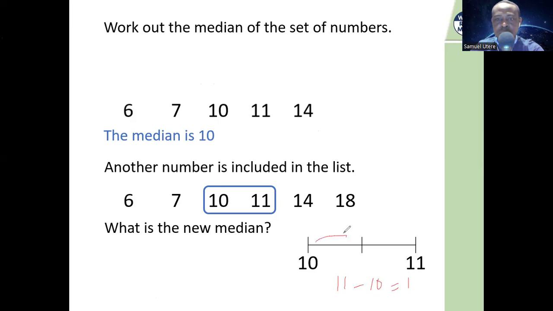We have two intervals. So to find out what each interval is actually worth, we will do 1 divided by 2, which is 0.5. Now it means 10 plus 0.5 will be 10.5. So it means the median is actually 10.5. Okay?